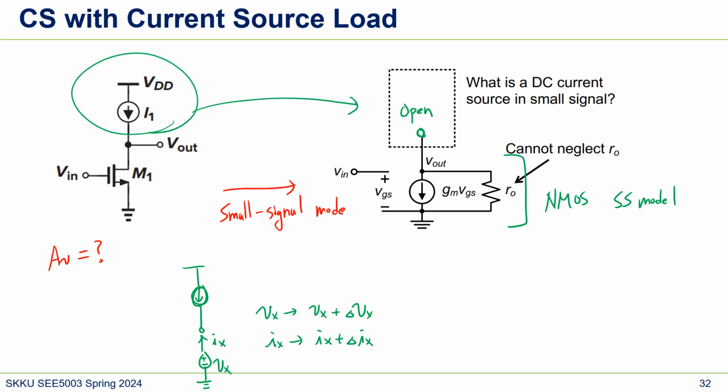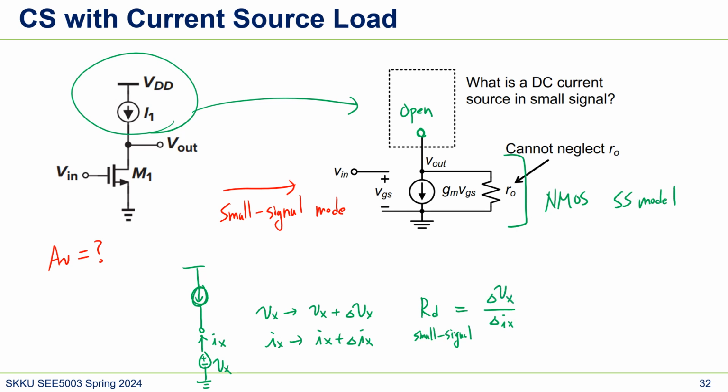So what we want is, let's say Rd, for small signal, is ΔVx over ΔIx, right?